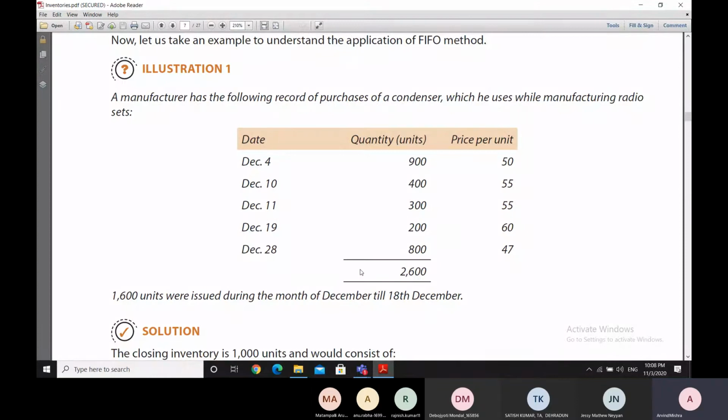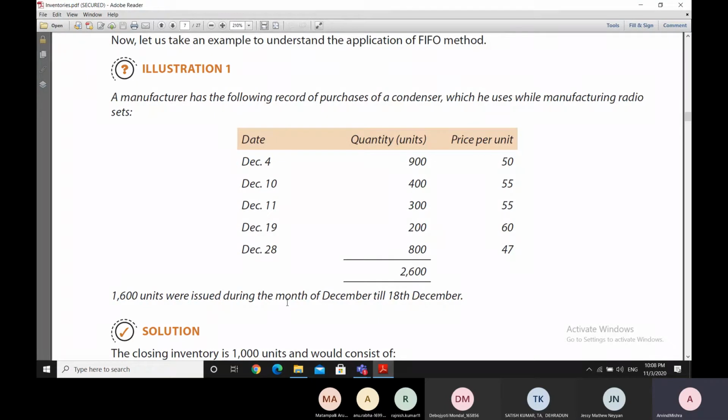Now, as we are looking at this data, we know that a total of 2,600 units of the condenser have been purchased. This quantity is mentioned here, 2,600. And out of these 2,600, 1,600 units were issued during the month of December till 18th of December.